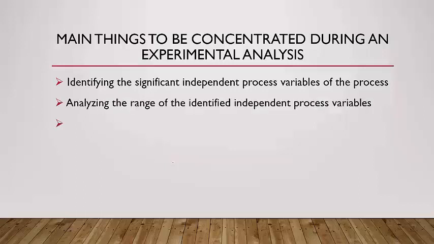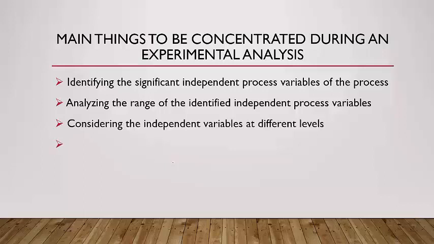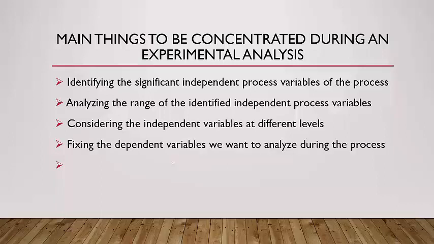Second thing is analyzing the range of the independent variables we can have for conducting the analysis. Then the next important thing is considering the independent variables at different levels within the range. Next, we need to fix the dependent variables we want to measure or record and analyze.